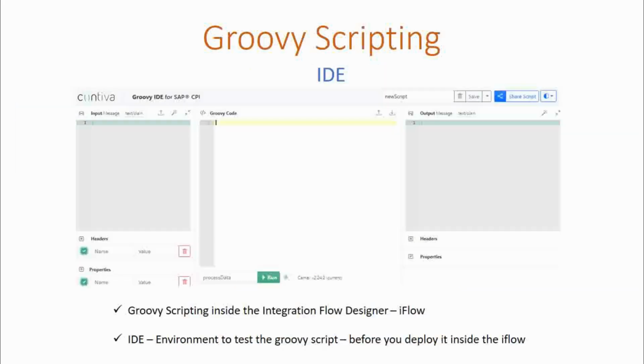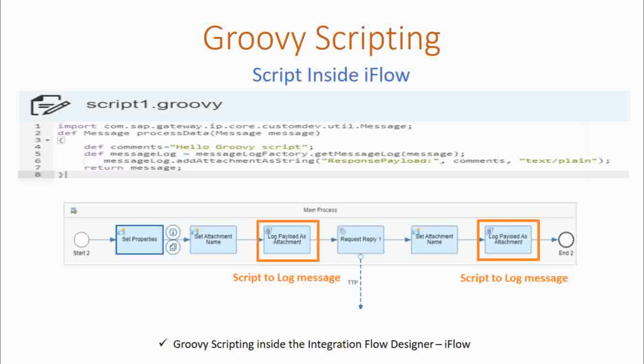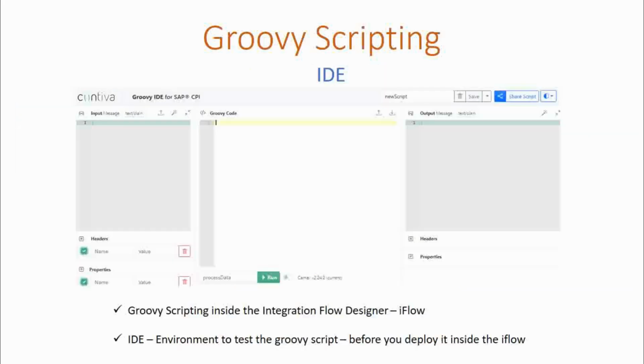Second, most important, there is a crucial step before going to the iFlow, creating a Groovy script, writing it there and testing the iFlow together. We have a facility to test your Groovy script inside an editor that we call the Contiva IDE Groovy editor, right?